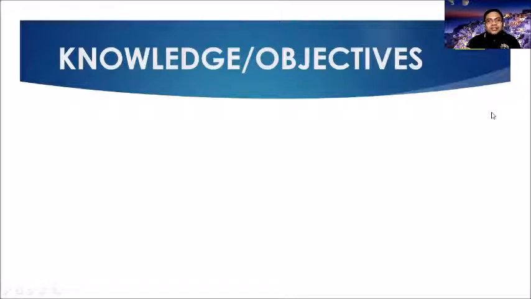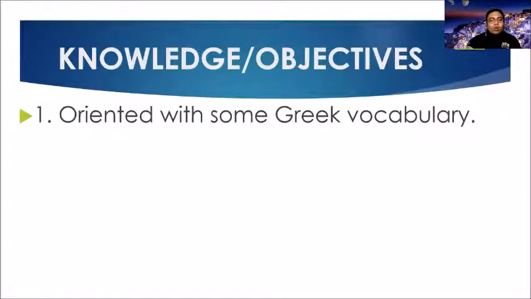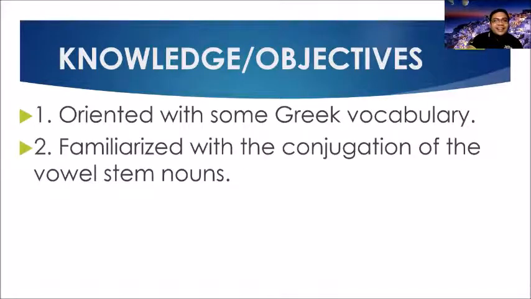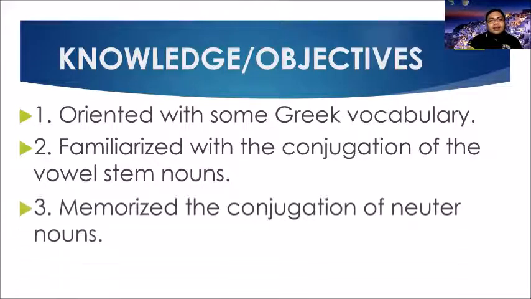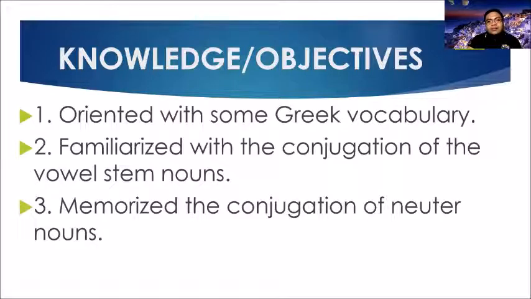For our objectives today, we will learn another set of words in the Greek language with regards to the vowel stems and the neuter nouns. Secondly, you'll be able to familiarize yourself with the conjugation of the vowel stem nouns. And thirdly, we'll also memorize the conjugation of the neuter nouns. So are you ready? Let's begin with our vocabulary for today.